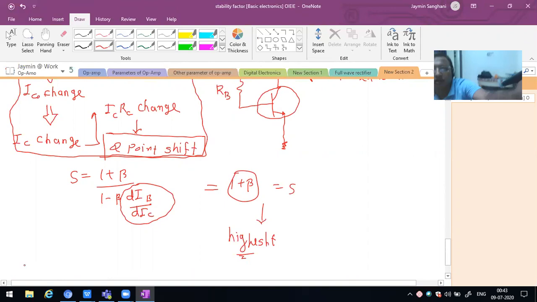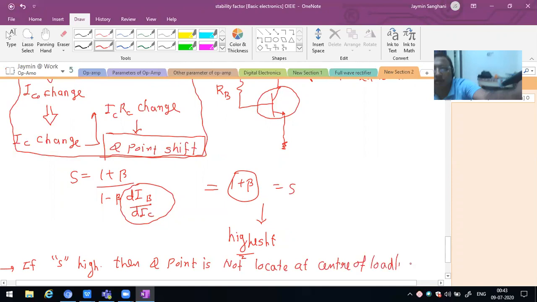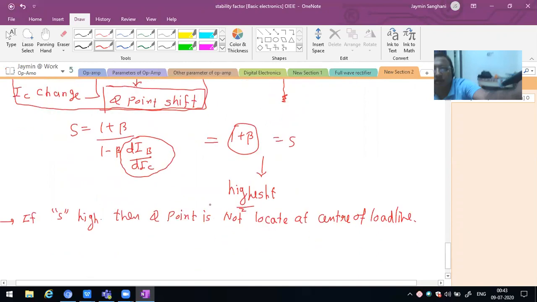Now, if the stability factor is high, then the Q point is not located at the center of the load line. So this is the complete explanation related to the fixed bias technique.